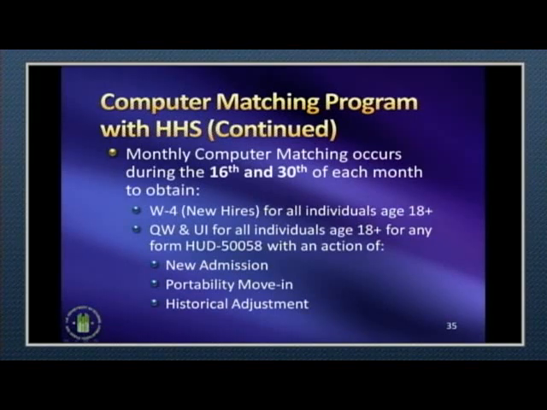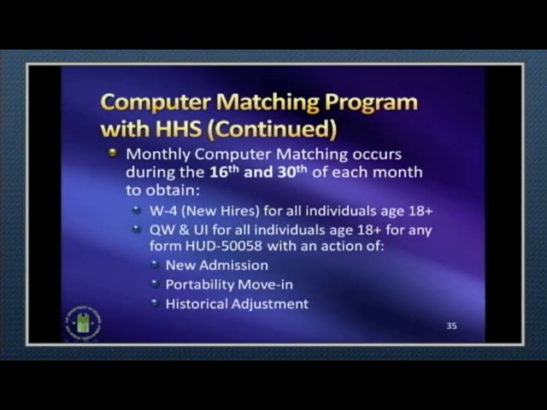If our SSA computer matching should happen to complete on the 12th, guess what? On the 13th, we will send the data over to HHS for matching, and we obtain from HHS the new hires, the quarterly wage and unemployment information for any individual who has turned 18 since the last quarterly match.